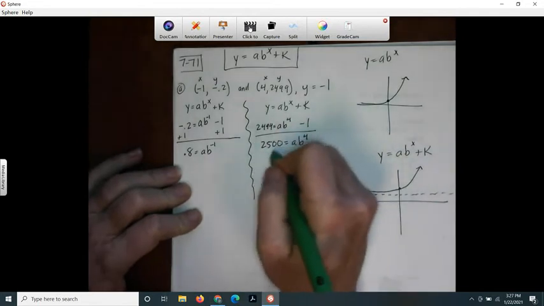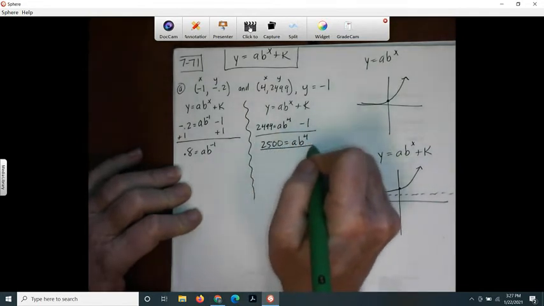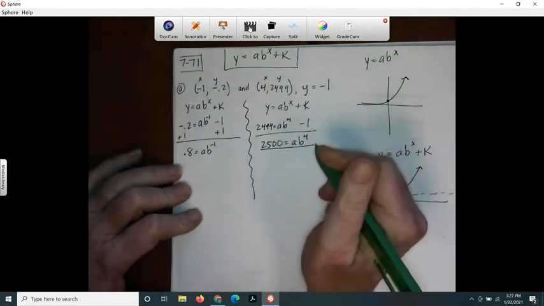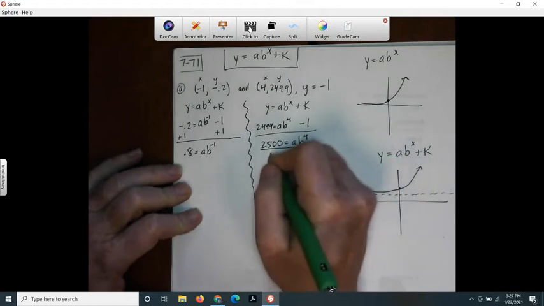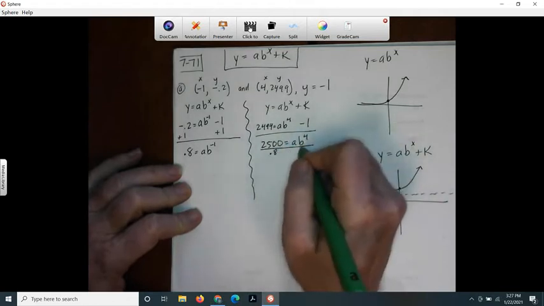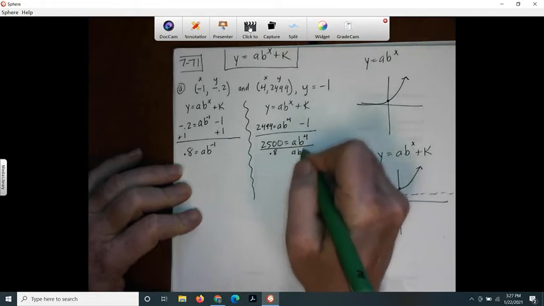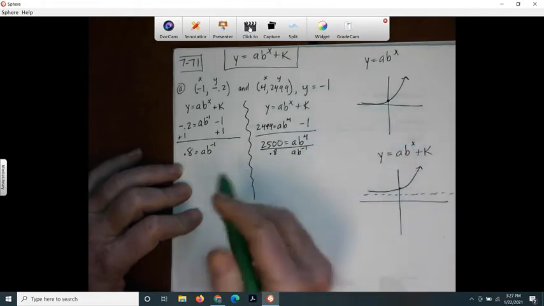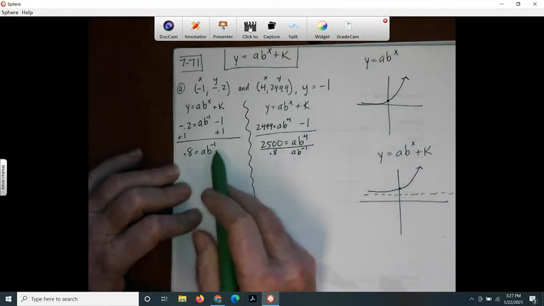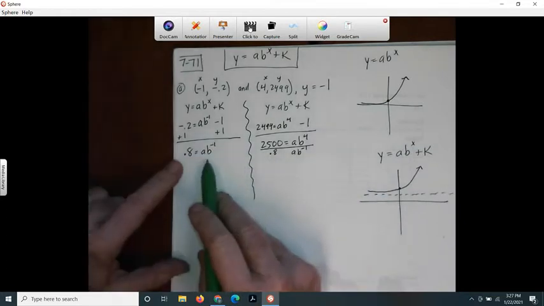So I'm going to divide this equation over here. I'm going to divide both sides by 0.8. But instead of 0.8, on this side I'm going to write a times b to the -1, because 0.8 and a times b to the -1 are the same, they're equal.